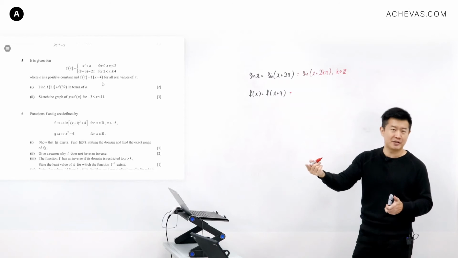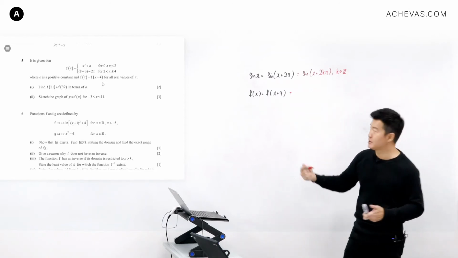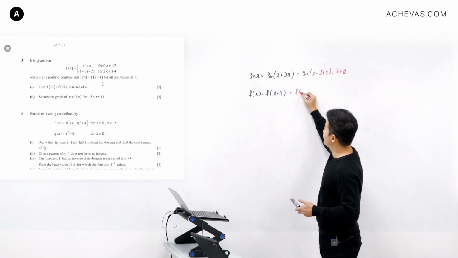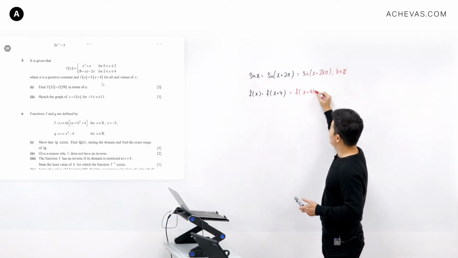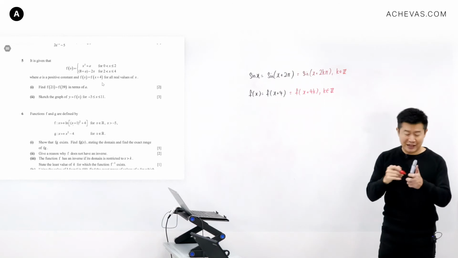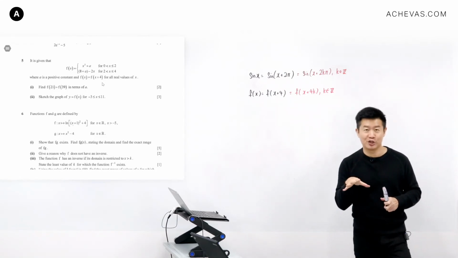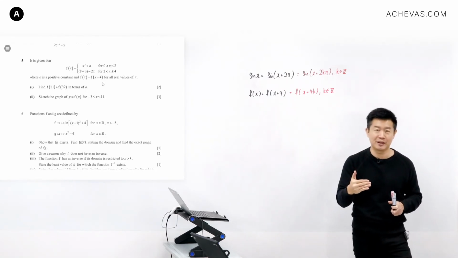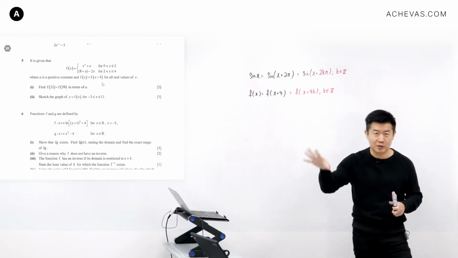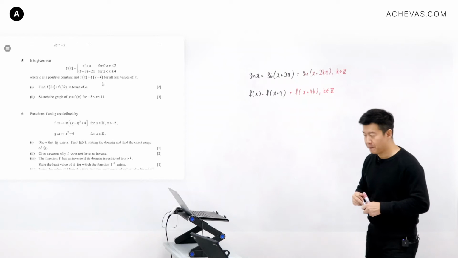It can be multiples of plus minus 4. So I can also write this as f of x plus 4k, where k are integer values. Please take note, when I write integer values, I don't mean positive integers, because that's what some students misinterpreted. It is plus or minus integers, in general, integer values.